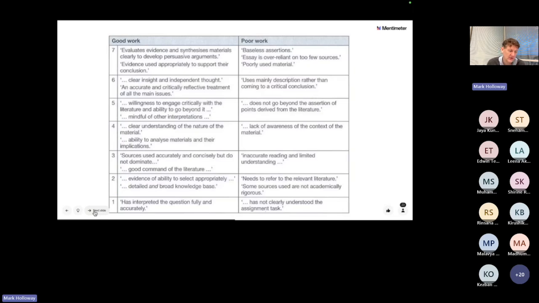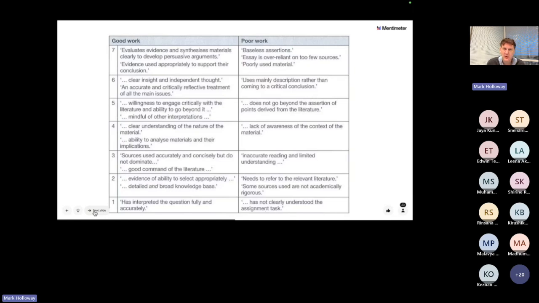Good command of the literature, so the way that we use our reading and our writing here is being praised for being good and appropriate. Evidence of ability to select appropriately, as in select things that we read appropriately. Detailed and broad knowledge base, showing that we know a lot, and good interpretation of the question fully and accurately. Those are all comments on good work.